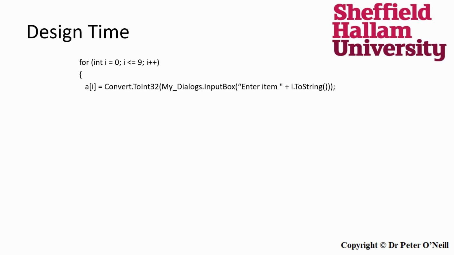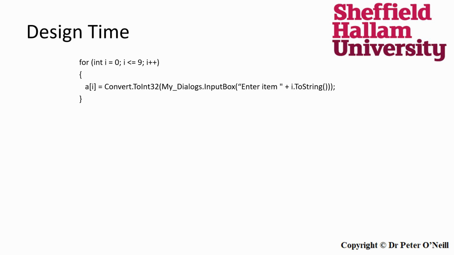So basically, this will ask you for 10 numbers. And that's what the bit enter item says. Enter item 1, because i is 0 in the first instance, and it converts to a string, and it asks you that. So the user will be asked to enter up to 10 numbers.